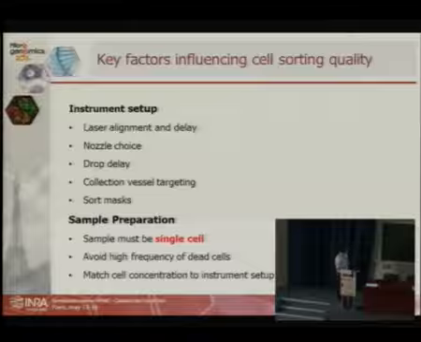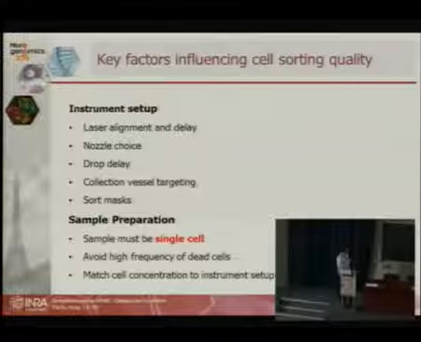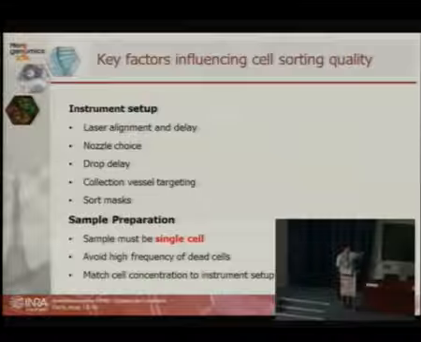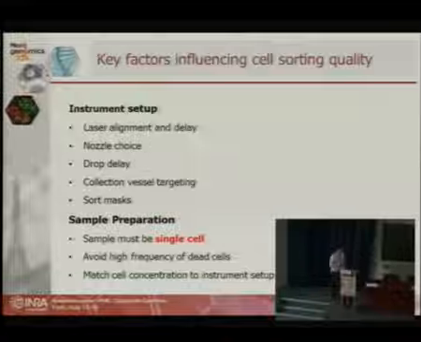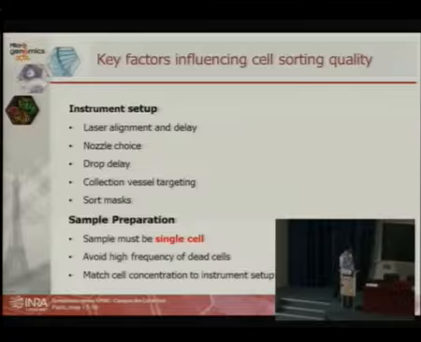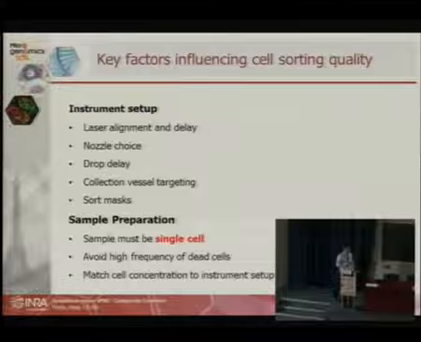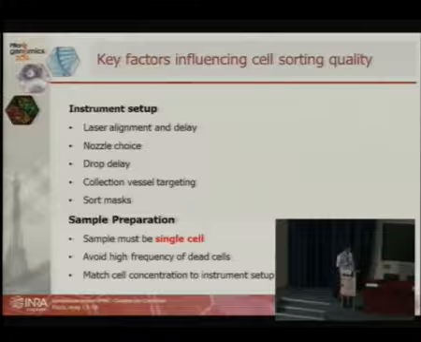So what are the key factors that influence the cell sorting quality? Well, you have a whole instrument set of parts, which are normally taken care of by the flow cytometry platform, and then sample preparation. Again, I stress that you should have top quality samples. Because we do single cell analysis, it has to be a single-cell stream of cells.